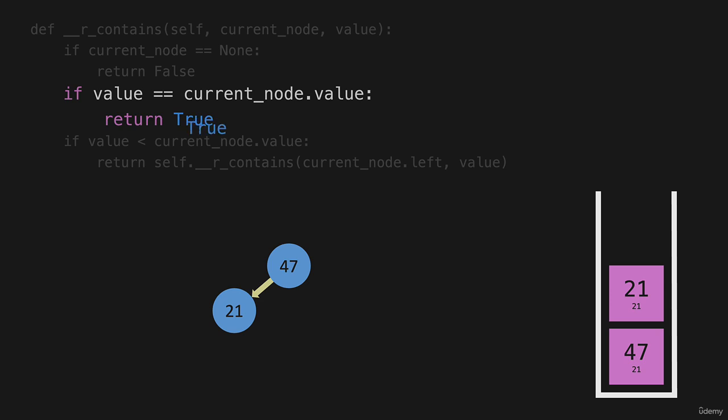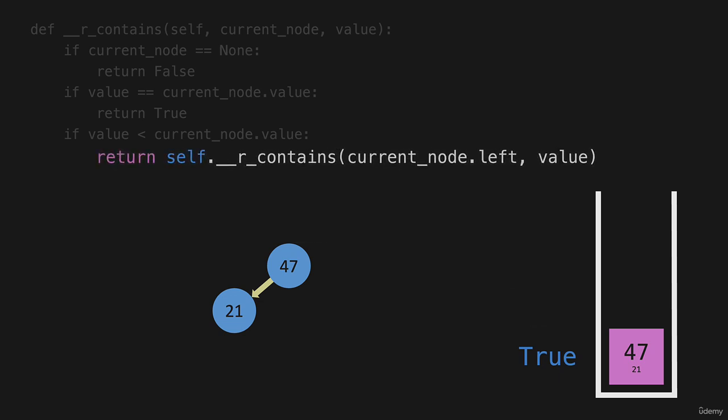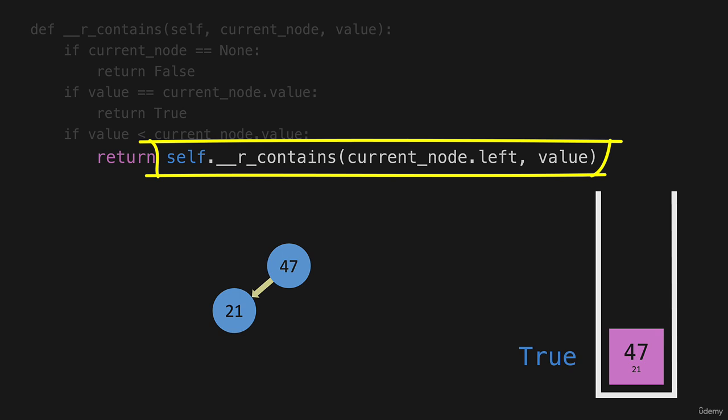And it's going to return true to this instance. And once it returns that, this is popped from the call stack. So this is the active instance again. And this is where we left off in that instance. And this part of this line is what called the instance that we just popped off the call stack.